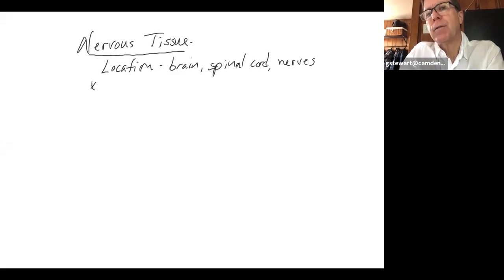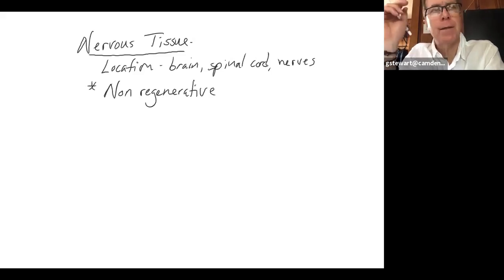Some general characteristics. This type of tissue is highly non-regenerative. So if this tissue type gets damaged, it doesn't regenerate hardly at all. It used to be thought that it doesn't regenerate at all, period.